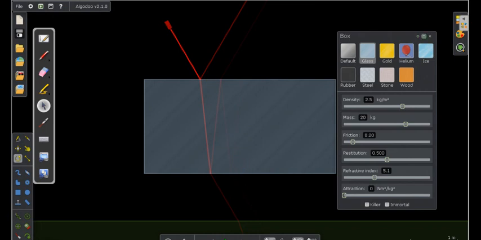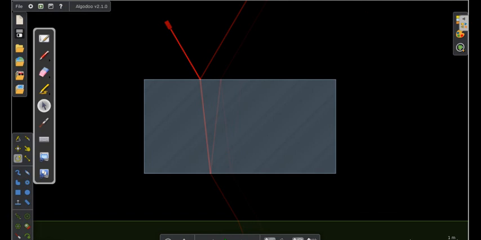So the factors on which lateral shift increases. Okay, let me write it.